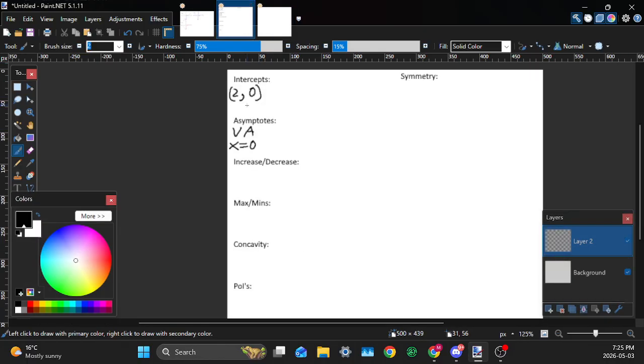So our only intercept is that, which is an x-intercept.